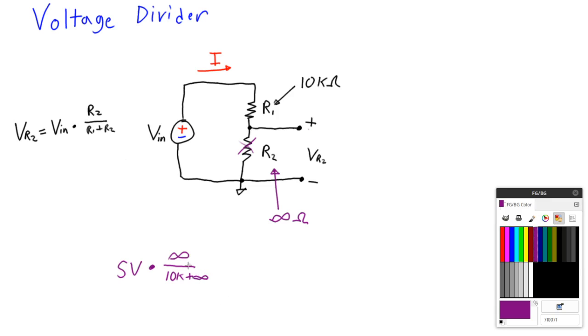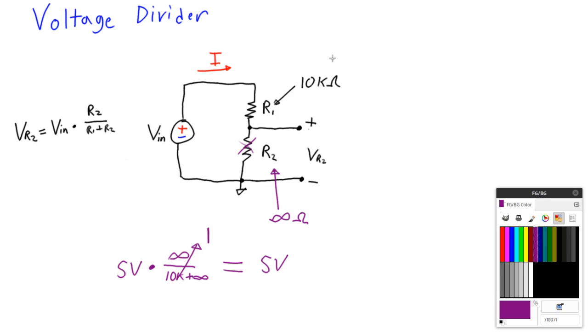So we've got some infinity over infinity type math going on here. I'm not going to get into it because I'm not a math whiz, but I know that this just turns into a 1. And so that means that our voltage here is 5 volts.